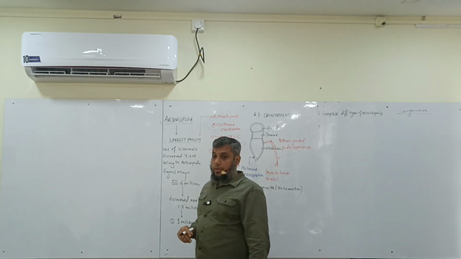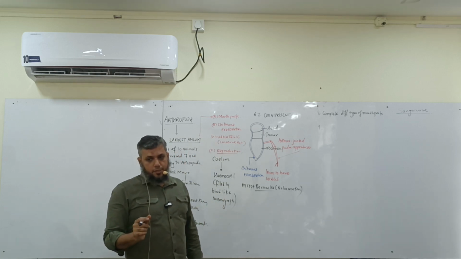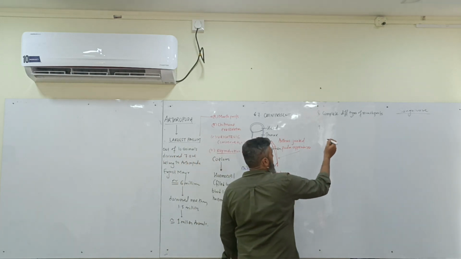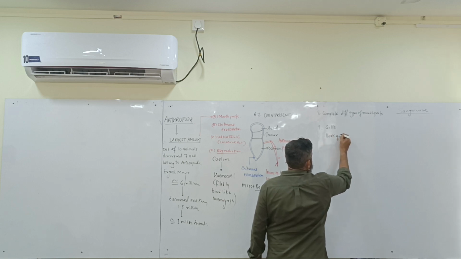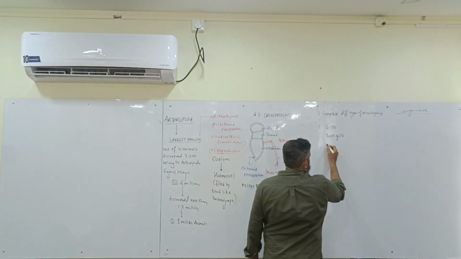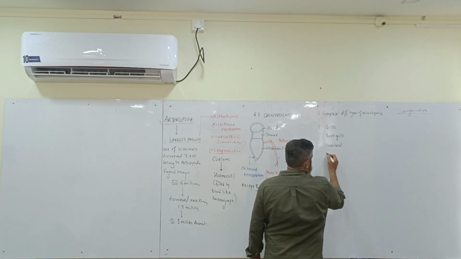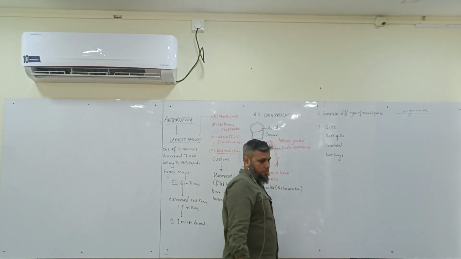Ninth, respiratory. They have a well-developed respiratory system. For example, they show the presence of gills, book gills, then tracheal type, as well as book lungs.